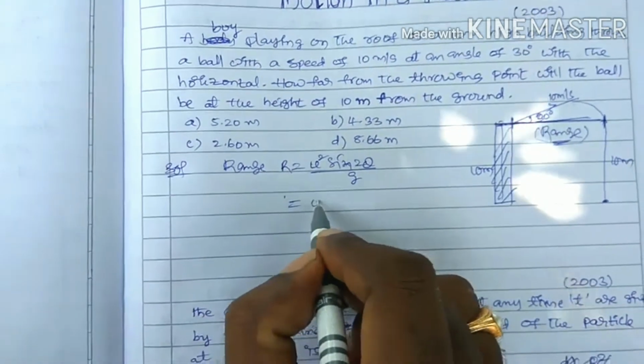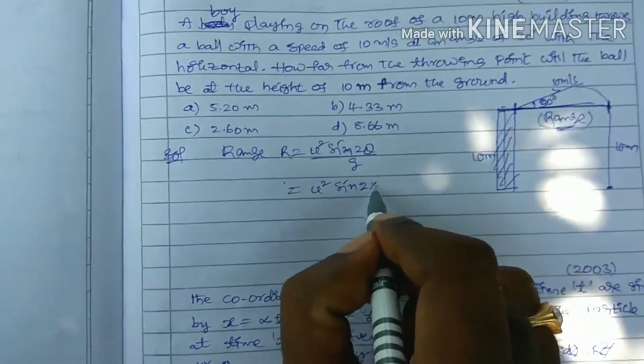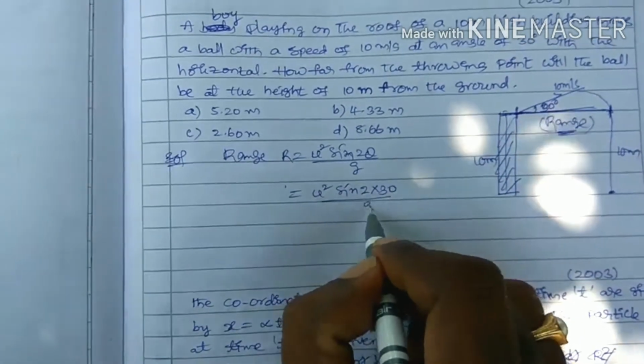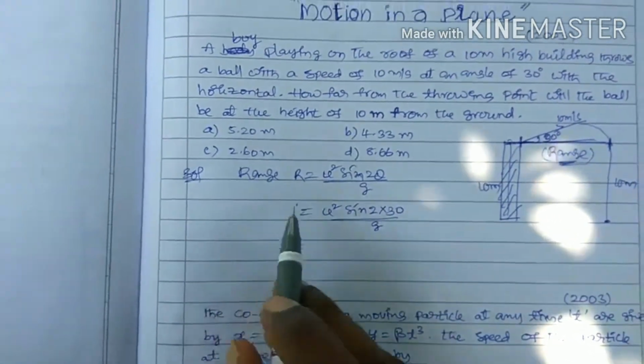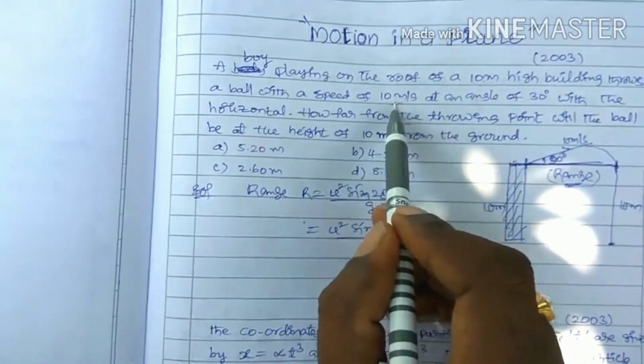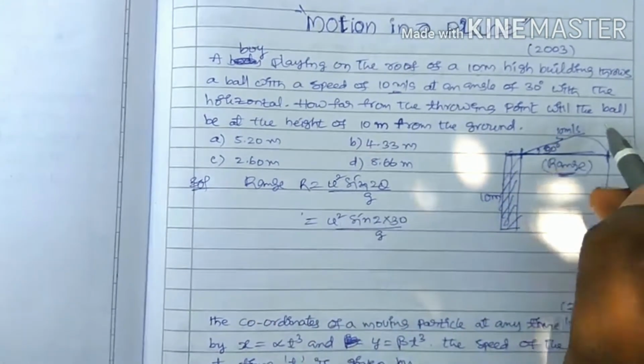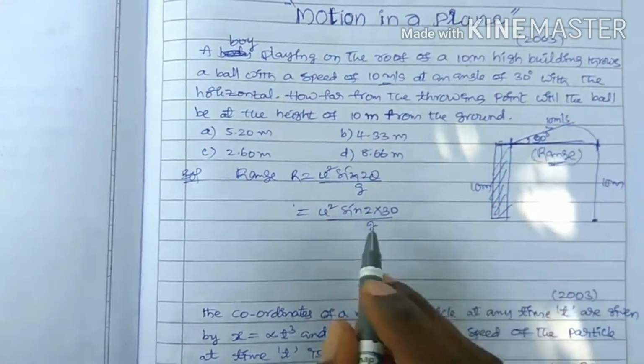Then it is u square sine 2 into 30 by g. Here u is 10 meters per second, and g is the acceleration due to gravity, which we take as 10 meters per second square.